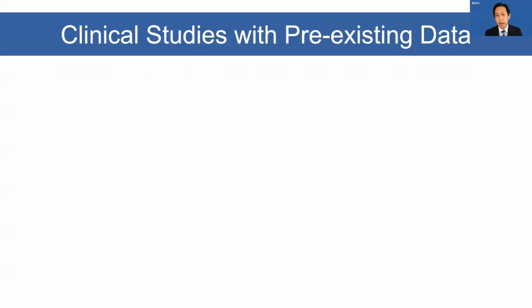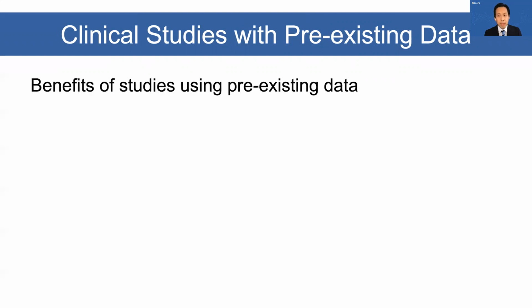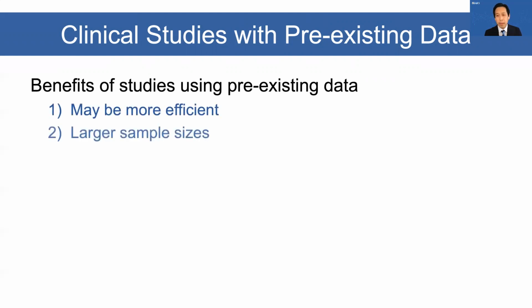It's also important to understand that the vast majority of the studies use pre-existing data that was collected for other reasons. There's nothing wrong with this. And most of the studies that I have done are analyses of pre-existing data because there are benefits to this method. If you don't need to collect your own prospective data, some of these studies can be performed much more efficiently.